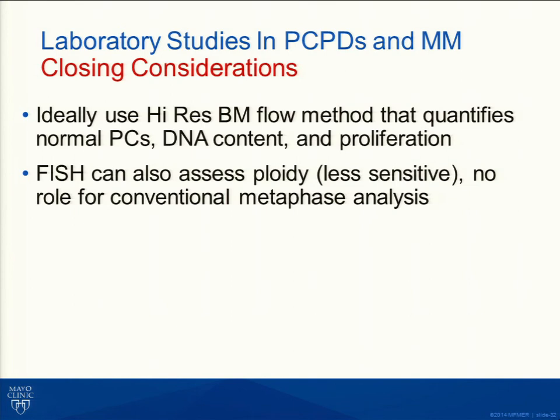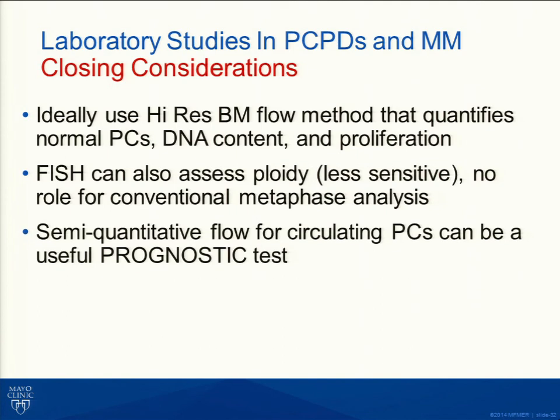It is true that as the plasma cells age, from a reference lab perspective, they can become harder to detect. Again, remember, though, that in most cases where you're going to need a lot of the ancillary studies, the plasma cell burden should be high, so that really should not be a barrier. But still, you can use FISH to identify abnormalities in DNA content as well as reciprocal translocation. Again, probably not a role for metaphase analysis unless you're worried about MDS.